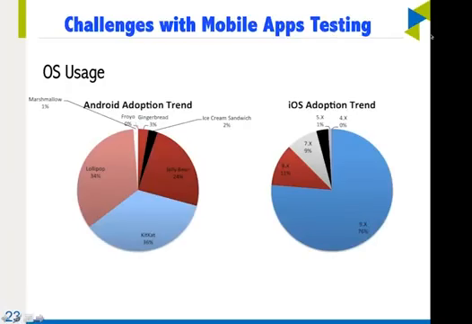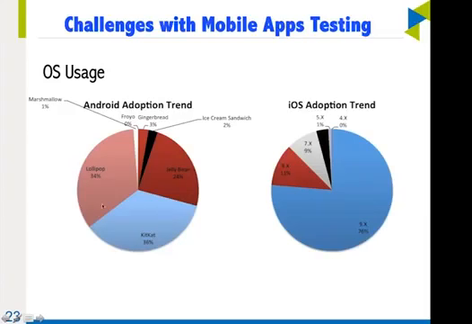Now, look at the OS usage trend. When you recommend devices as a tester, you have to recommend what kind of OS you are going to test your apps on. What devices do you want with what kind of OS? So, if you look at the Android adoption trend, Lollipop is still leading with 34%.